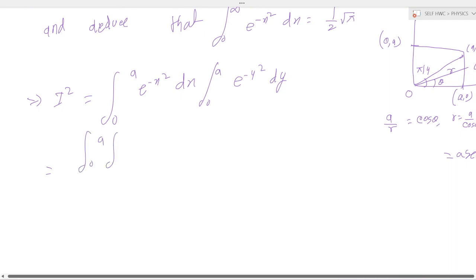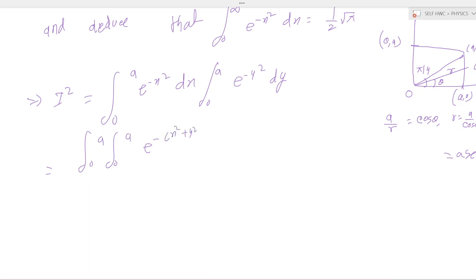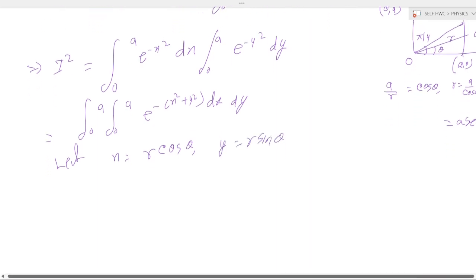So I square is equal to double integral 0 to a and 0 to a of e to the power minus x square plus y square dx dy. Let x equal to r cos theta and y equal to r sin theta.